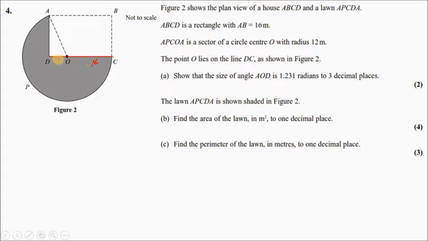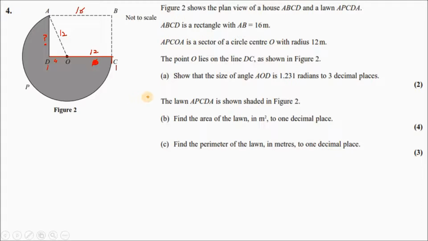Out of 16 we have 12 and 4 here, and this is 12. So using these two we can figure out the third side of the triangle using the Pythagoras theorem. Remember this 16 is the total from D to C, and it's better if I write 12 and 4, otherwise you will get confused. So this is 16 here.